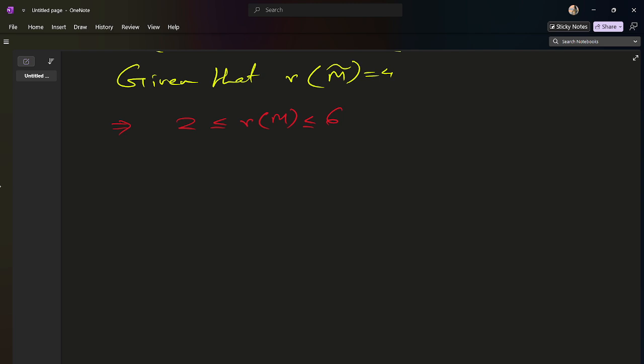Therefore, analyzing the possibilities, the rank of M can be 2, 3, 4, 5, and 6, as the integers between 2 and 6. Okay. Thank you guys.